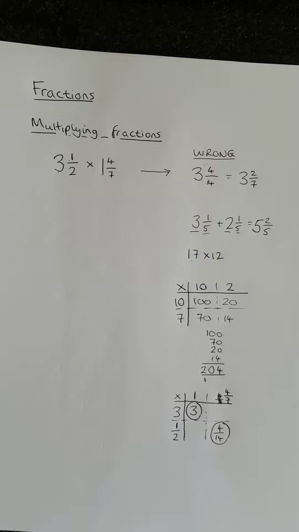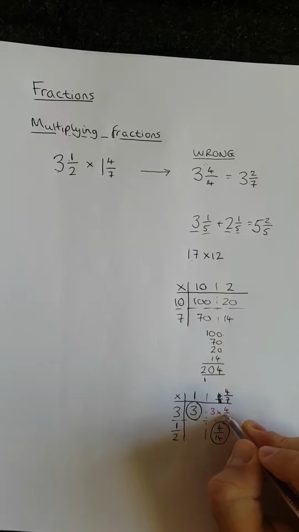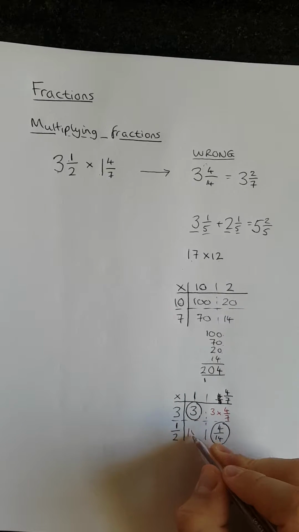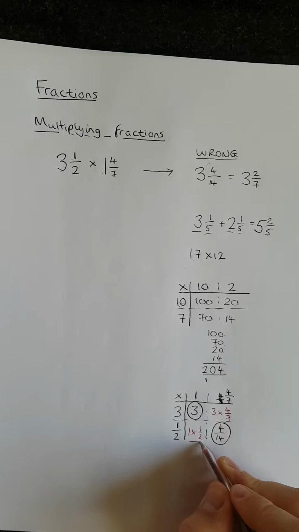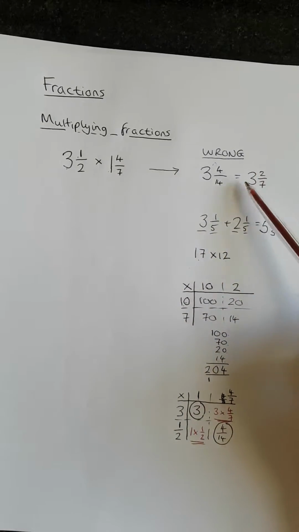Have we done the entire sum? Well done for spotting that we haven't worked out 3 times 4/7 and we haven't worked out 1 times a half. And these two bits are what you miss off when you do the method up here.